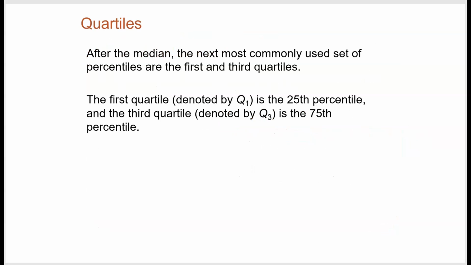Now, a quartile divides the data even more. So if we have our 0 to 100%, and we know our median is the 50th percentile, quartiles sound like quarters. They divide it up into quarters. So we've got 25% and 75%. This is our quartile 1. This is our median.